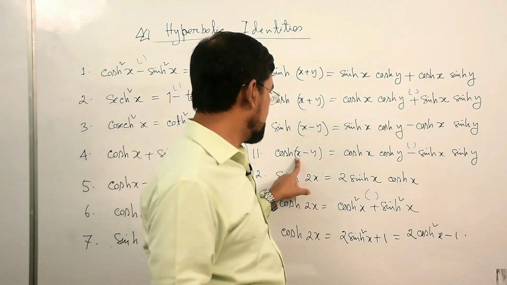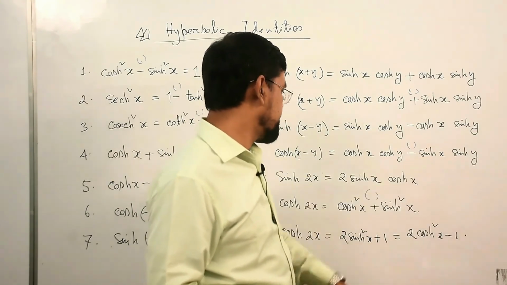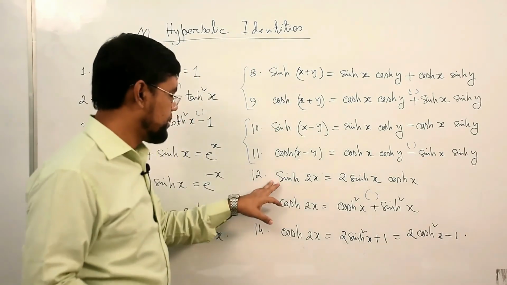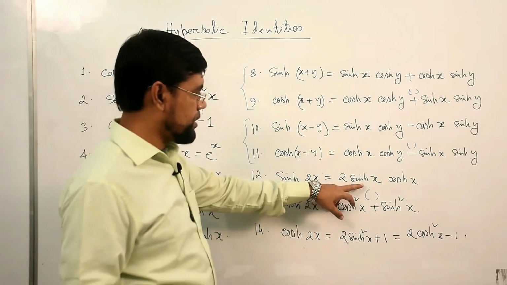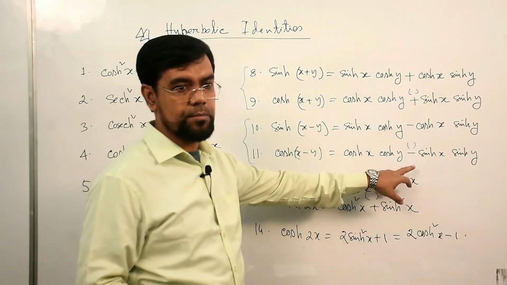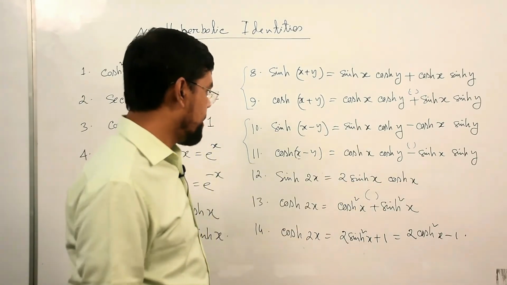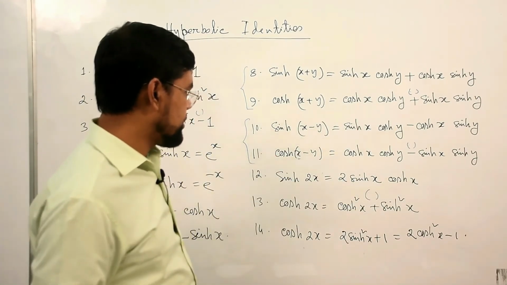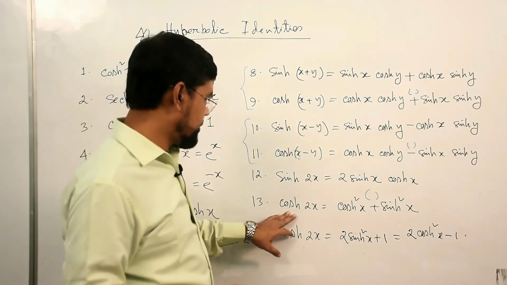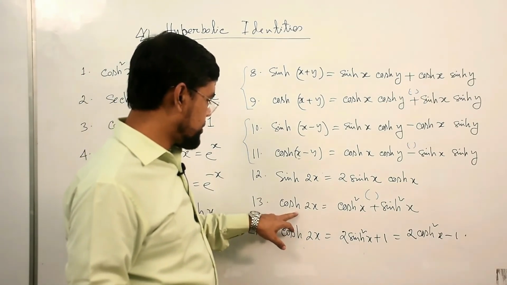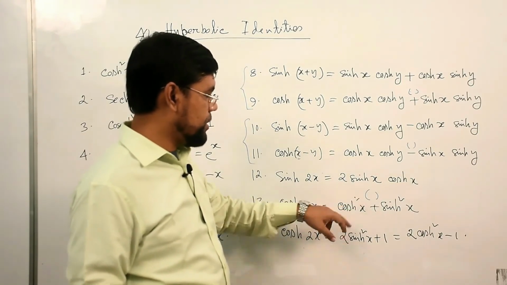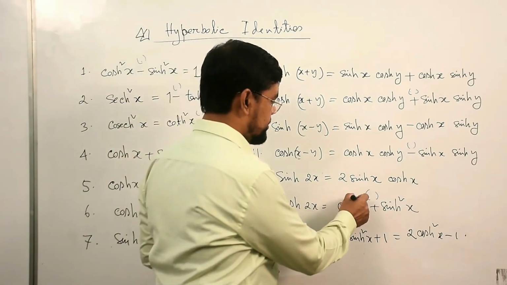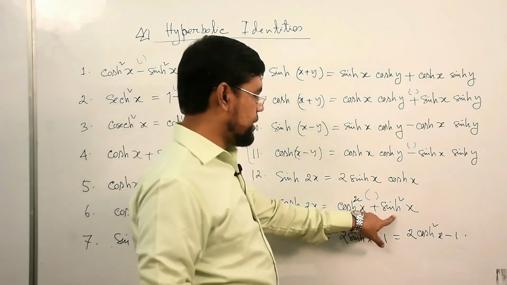And sinh 2x equals 2 sinh x cosh x, just like sine 2 theta equals 2 sine theta cos theta. And cosh 2x equals cosh square x plus sinh square x.